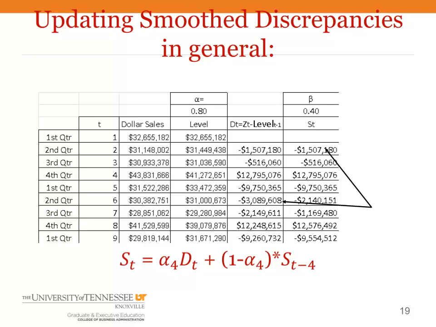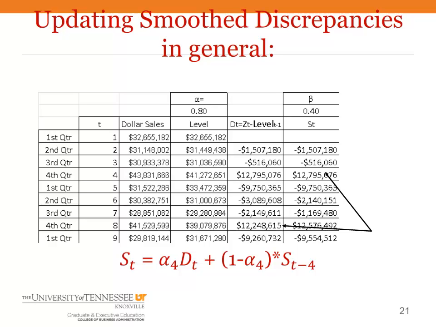And let's just make sure we understand how those discrepancies get updated in general. In period 6, that's the second quarter, so we're going to take the exponentially smooth average of period 6 and period 2, which was also the second quarter. Period 7, that's a third quarter, so we're going to be weighting the D sub t of this period with period 3, which was the third quarter of last year.